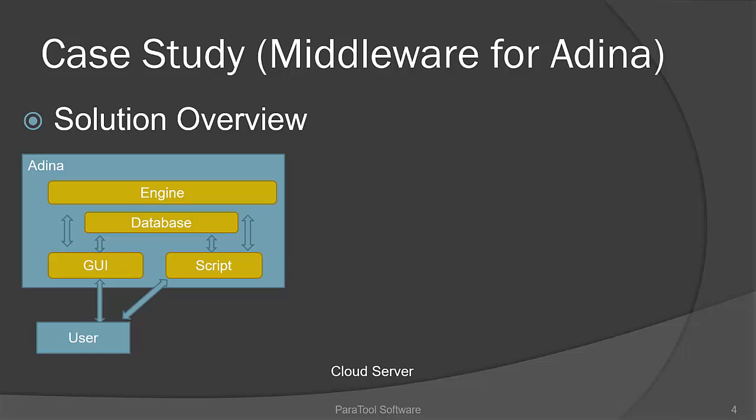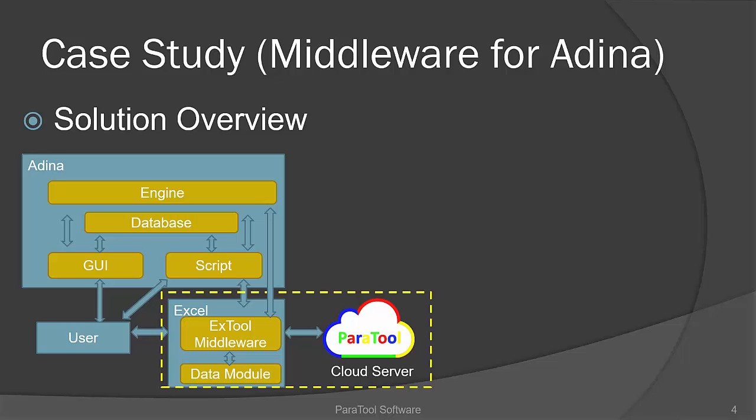In our platform, we provide Xtool as an Excel add-in as a middleware for Adina, and it interacts with the data module that the user prepares, and the cloud server that provides some of the functionality or apps to process these data modules in collaboration with the Adina database or engine.